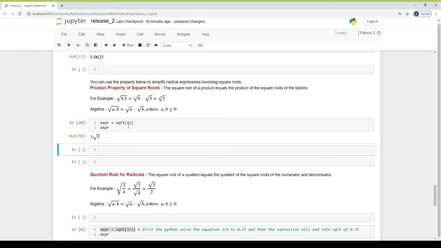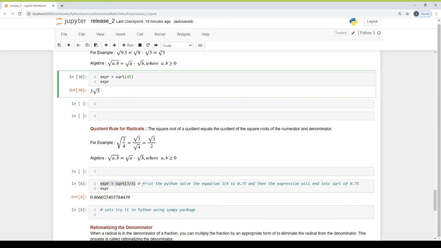What happened here? SymPy has divided the 45 into 9 times 5 under root, then it multiplies both the quantities under square root, that is 9 and 5, by splitting them. Under root 9 is 3 and then under root 5, so 3 root 5 is the answer.